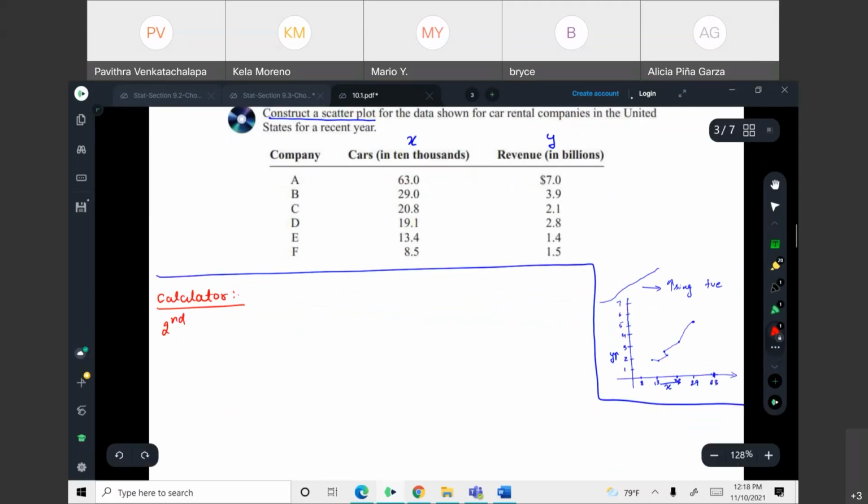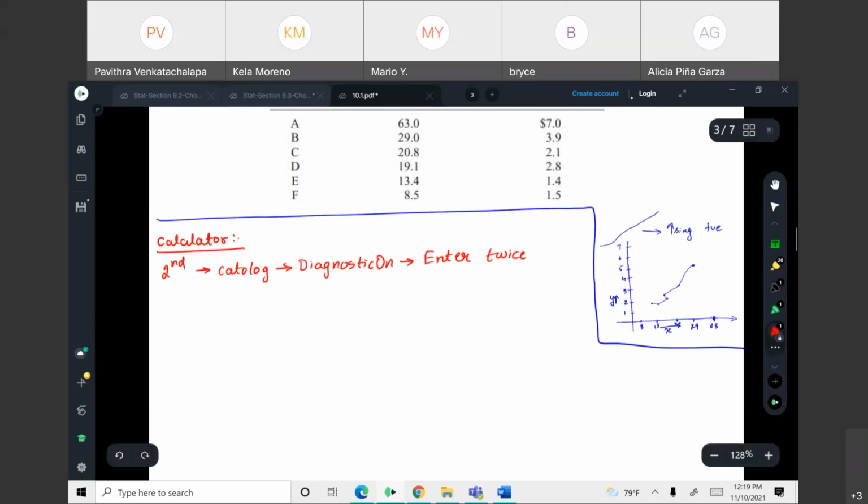Just press second. You have to turn the diagnostic on first and then you have to do the rest. 2 and then 0 or catalog. And then you have to scroll to diagnostic on. So you have to press enter twice. Okay, enter twice because you will see the word done once you enter.